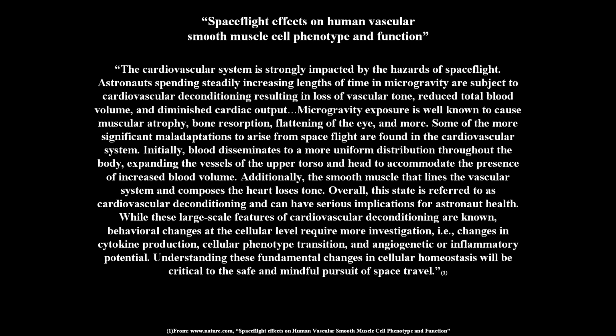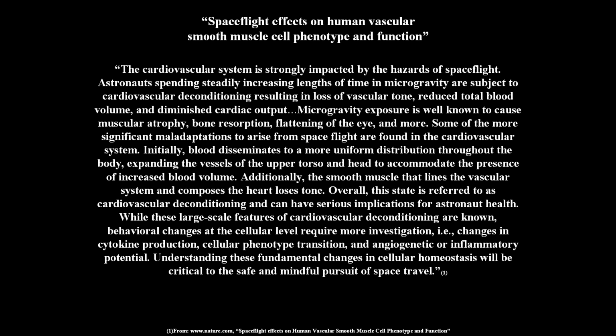Some of the more significant maladaptations to arise from spaceflight are found in the cardiovascular system. Initially, blood redistributes to a more uniform distribution throughout the body, expanding the vessels of the upper torso and head to accommodate the presence of increased blood volume.